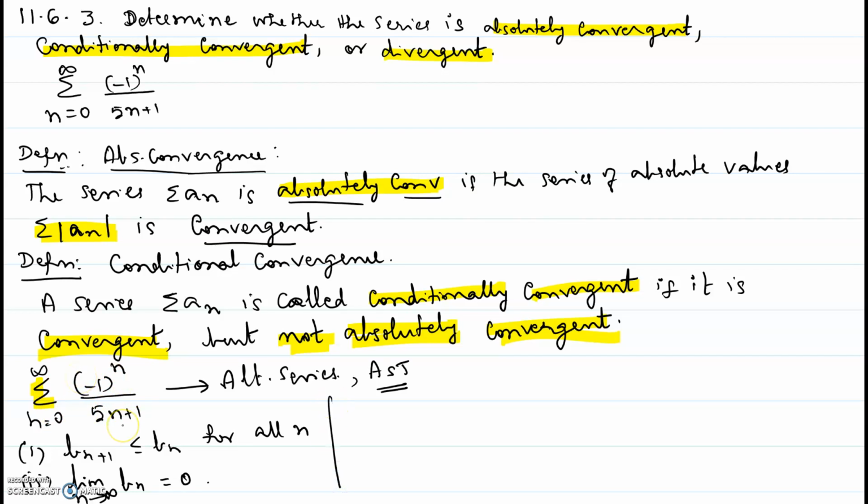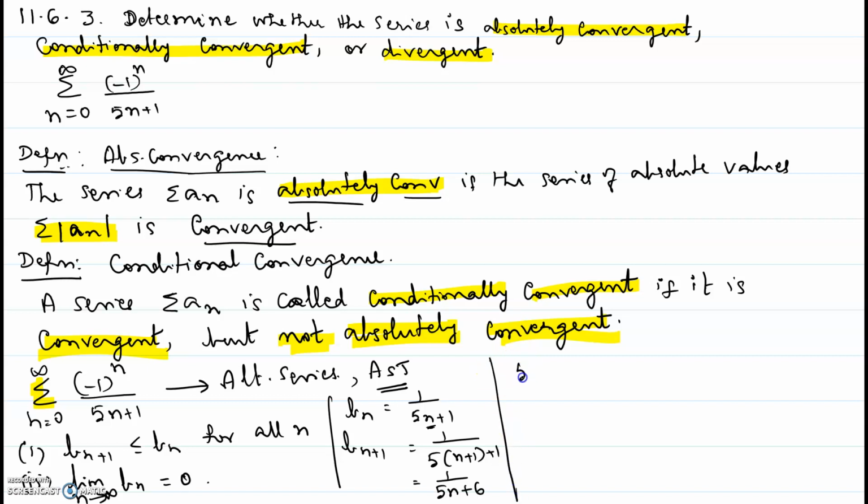Now here, this is an easy expression, so it's easy to prove bn plus 1 less than or equal to bn. So actually here, the bn in this case is just 1 over 5n plus 1. So if we consider bn plus 1, it's 1 over 5 times n plus 1 plus 1. N gets replaced by n plus 1. So it is 1 over 5n plus 5 plus 1, so 5n plus 6.